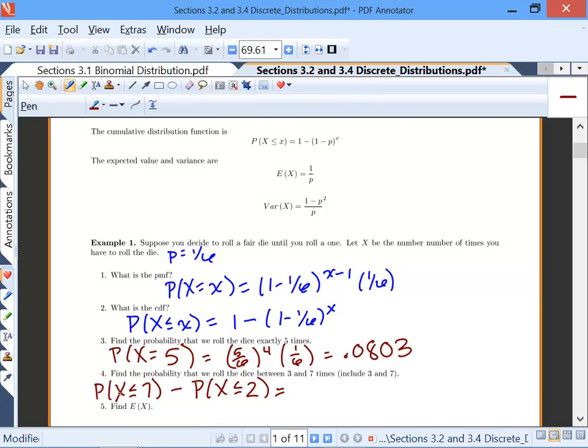So this makes it easy. Now I can just plug it straight into my CDF. So it's going to be 1 minus 5/6 to the power of 7, minus 1 minus 5/6 to the power of 2.